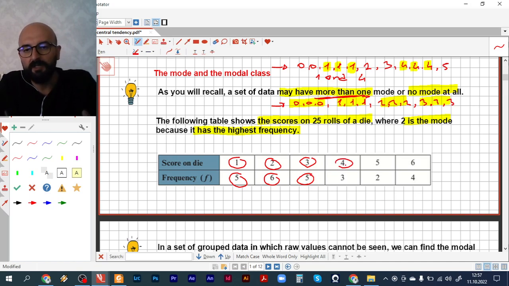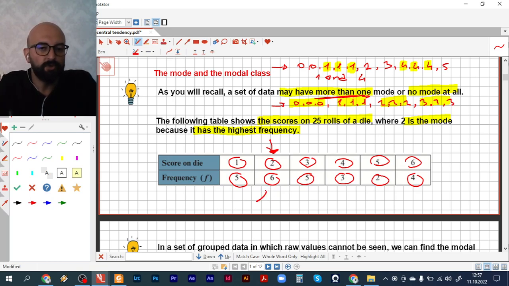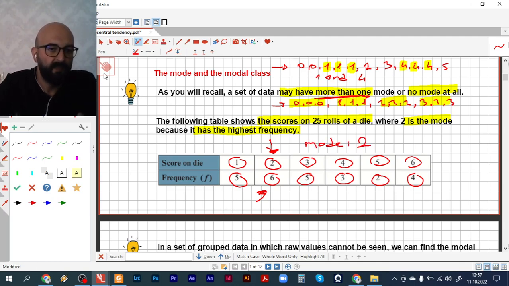The number 4 comes 3 times, and 5 comes 2 times, 6 comes 4 times. So the number 2 has the highest frequency, because it comes 6 times. So the mode of our data is 2.